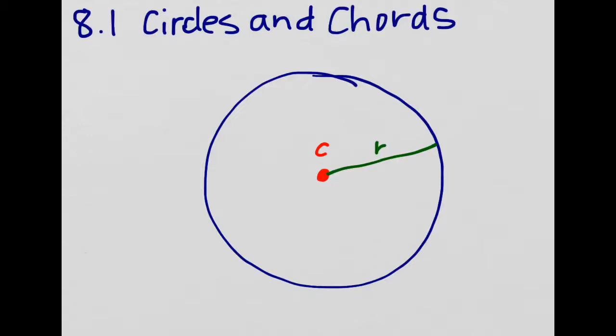It's possible that we would have some line that would cut through my circle. And that line is then going to intersect my circle at a few different points here.